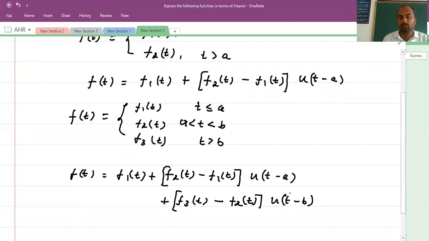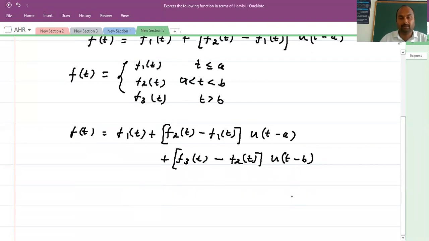So this is how we express the discontinuous function in terms of unit step function. Now I'll explain the same thing with an example.